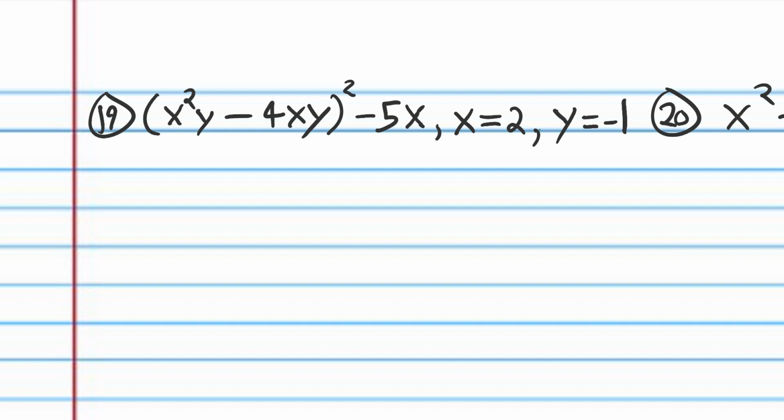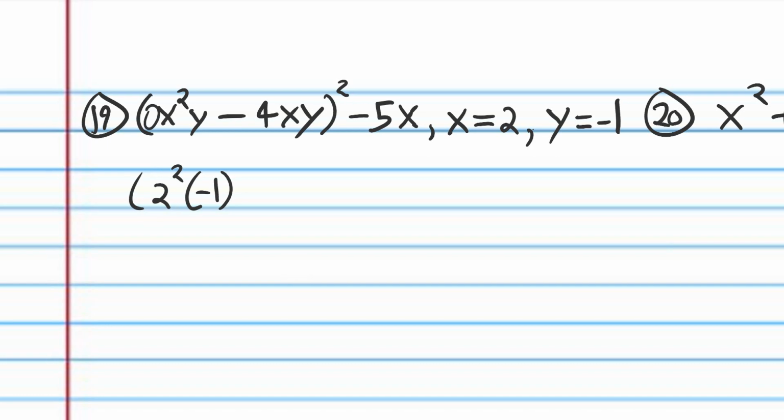All right, we're back. So 2 squared times -1. I did not have to put the 2 in parentheses because the coefficient here was +1. But I did have to put the -1 in parentheses because you're multiplying the x squared times y. Whenever you have letters next to each other, it's multiplication. But you have to square this first, then multiply by y.